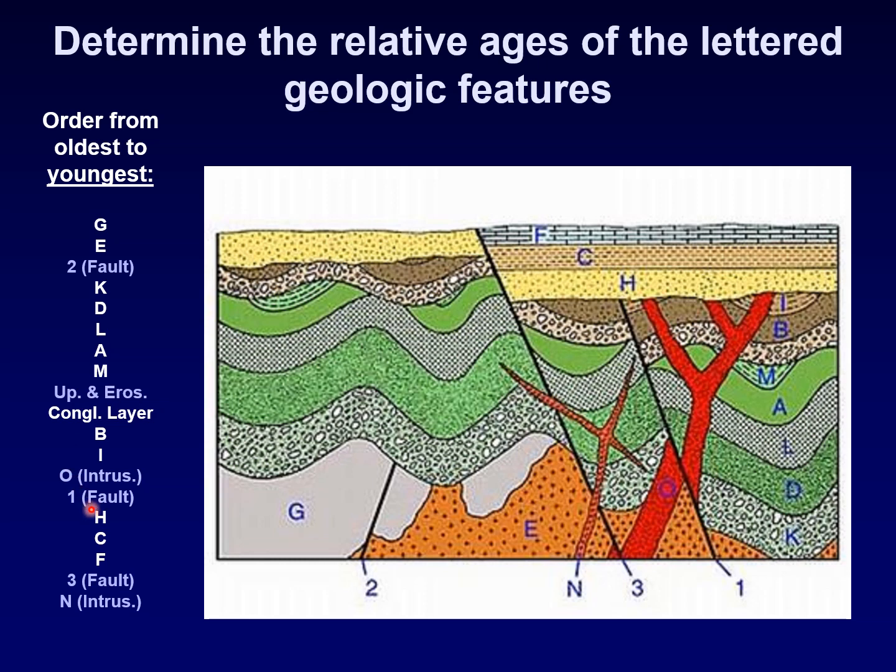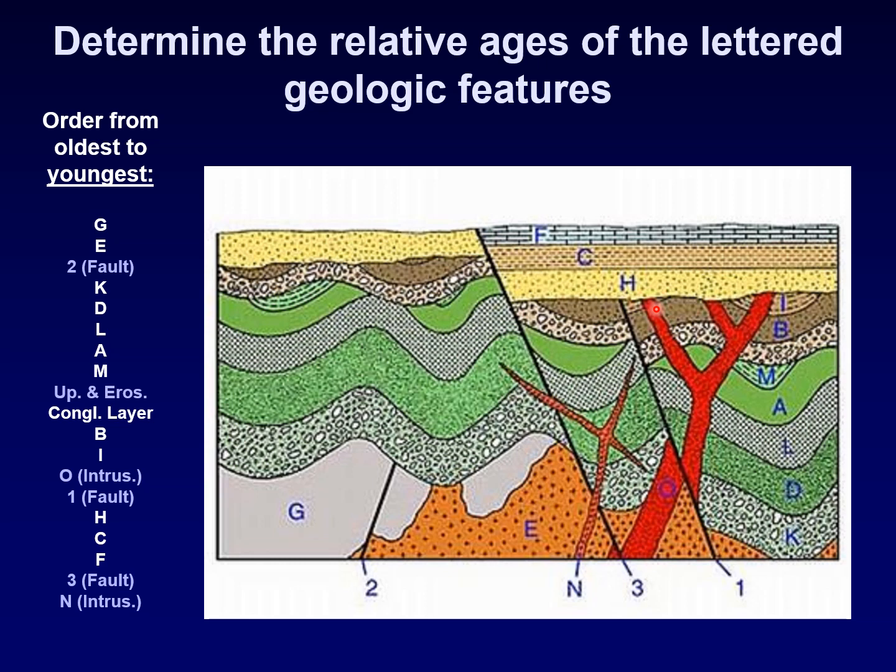And another thing I want you to think about is along this boundary here with H, we've got an angular unconformity between, let's say, B, I, and H, right? But in these few spots where we have this dike, O, intruding up, in this spot here between H and O, what kind of unconformity do we have?